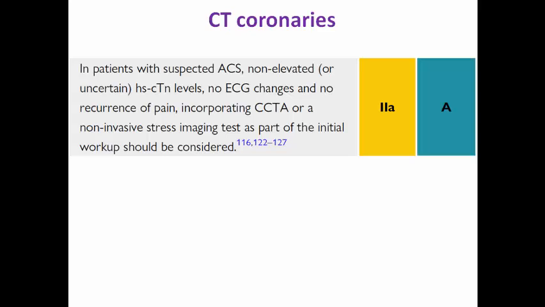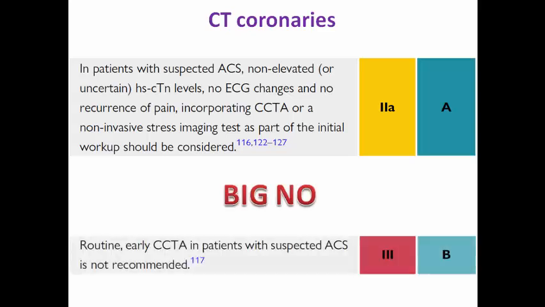Pay attention that sometimes CT coronaries may need longer time to control the heart rate for performing the CT coronaries, and the big no is that routine early CT coronaries in any patient with suspected acute coronary syndrome has a class 3 recommendation. It is not a routine test. According to the clinical context, the clinical suspicion, the baseline creatinine, and the heart rate of the patient, we can decide whether to go for CT or not.